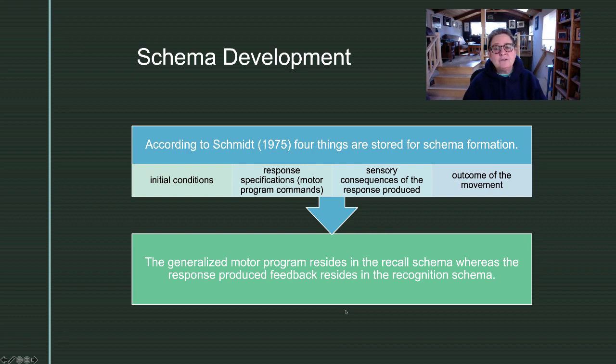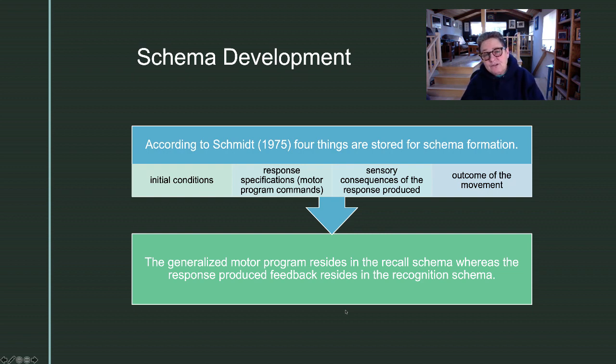A couple of slides ago, we talked about Adams' model, and he refers to a memory trace and a perceptual trace. Schmidt is now referring to a recall schema and a recognition schema. The recall schema is a stored representation, a generalized abstraction, because it's a schema represented in memory, and it actually guides the movement.